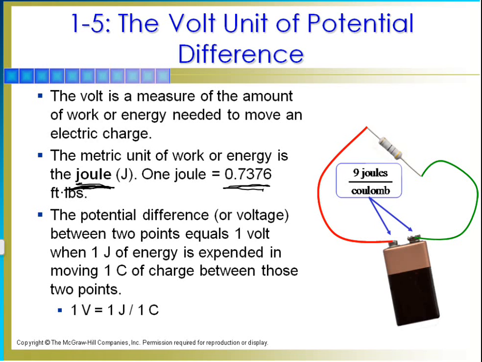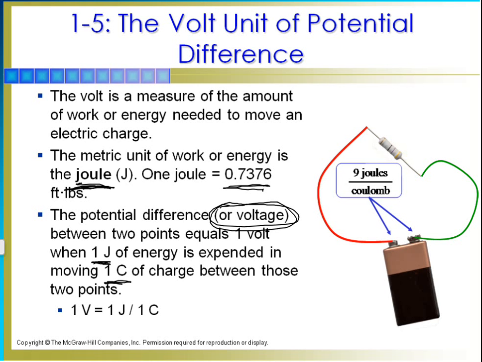So now potential difference, or voltage, between 2 points is equal to 1 volt of potential difference when you expend 1 joule of energy to move 1 coulomb of charge between 2 given points.